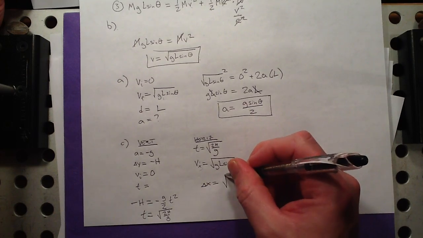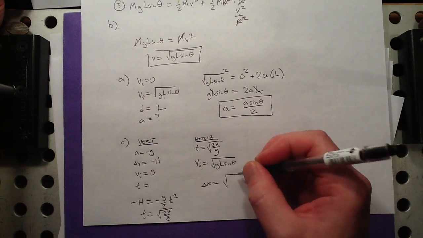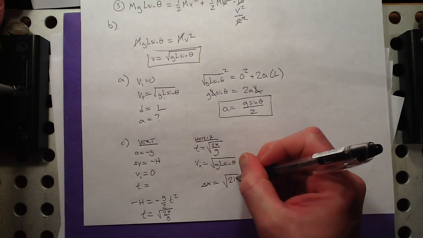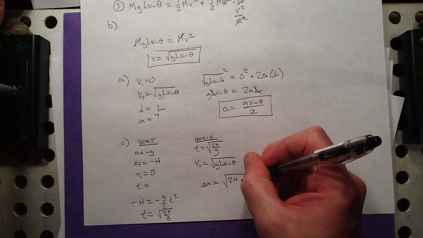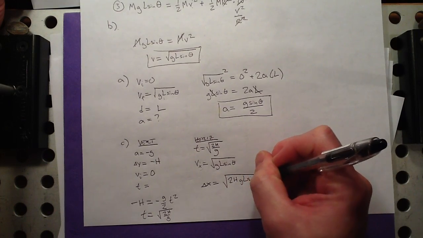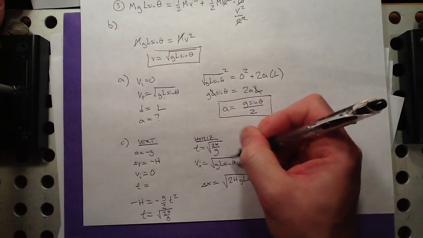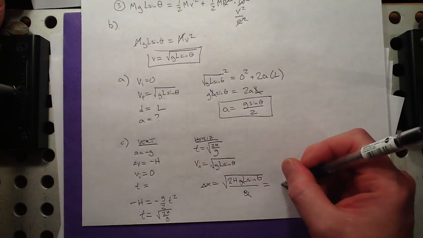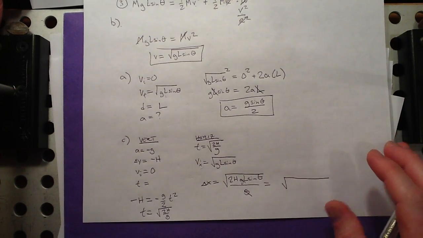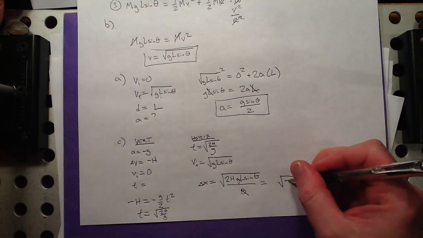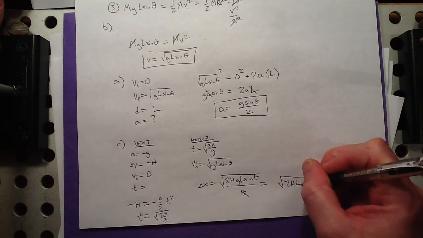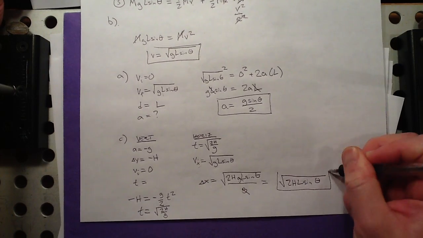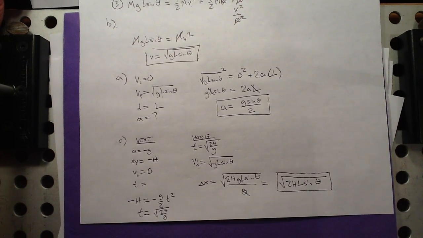Since they're both square roots, I can just combine them. So that's, on the top, 2h times GL sine theta, then a g on the bottom. Those cancel out. So I guess our final cleaned up answer will be the square root of 2HL sine theta. That is the horizontal distance that it goes.